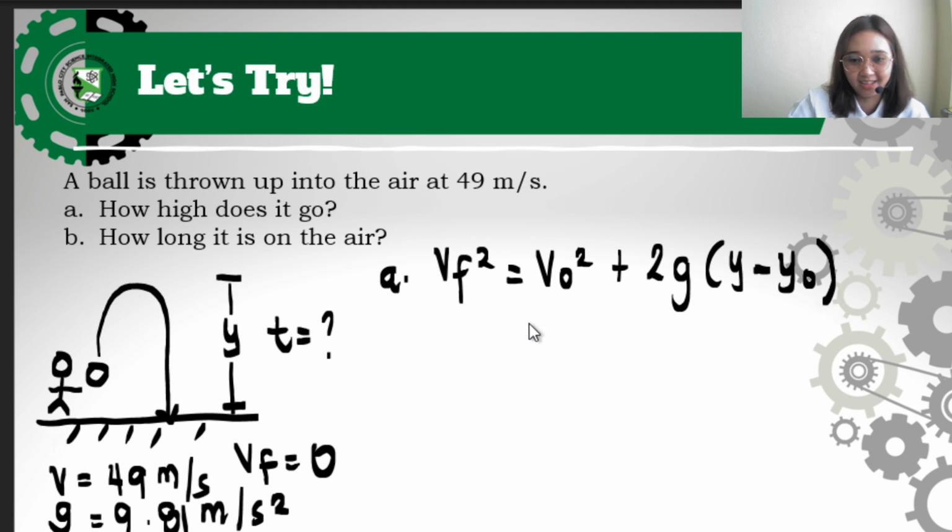Our v0, or v naught, is 49 meters per second. Let's put 49 here. vf, final velocity, since it stopped at the ground, equals 0.